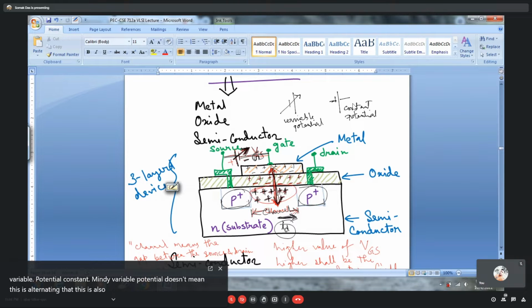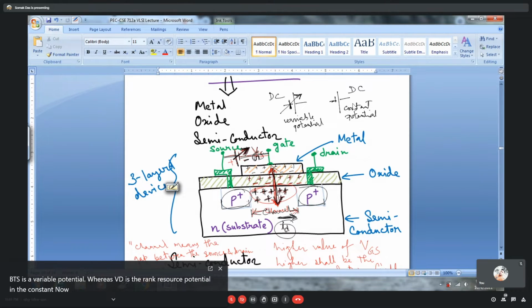This is also a DC. So this is a DC potential source as well as this is also a DC potential source. But variable means you can have the liberty of varying the potential value. If you can change the potential stored in the battery, it is variable, whereas for a constant you cannot have changes in the value. So VGS is a variable potential, whereas VDS, the drain to source potential, is a constant potential.